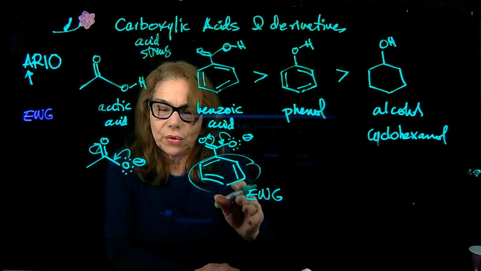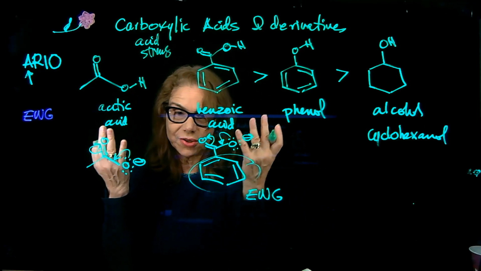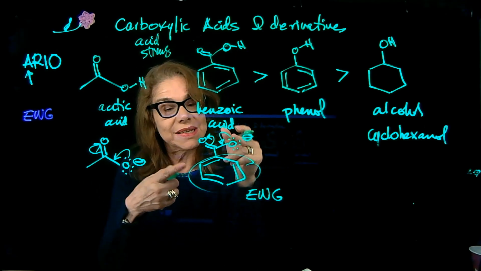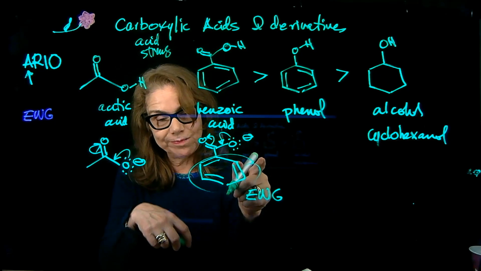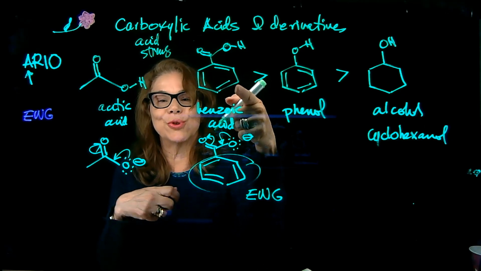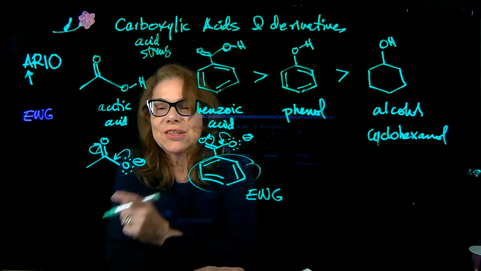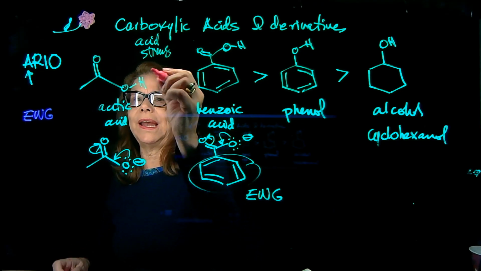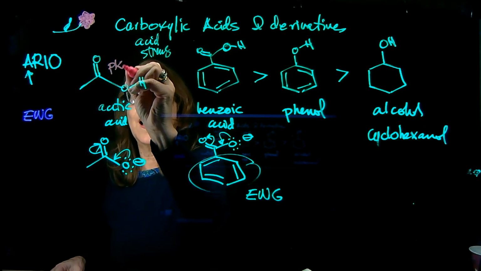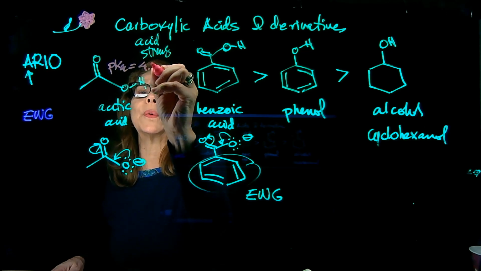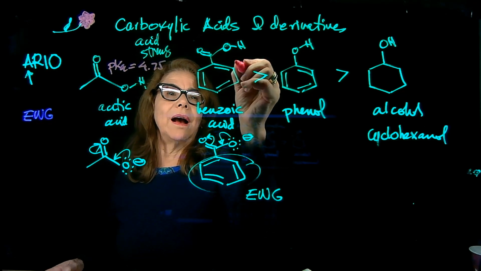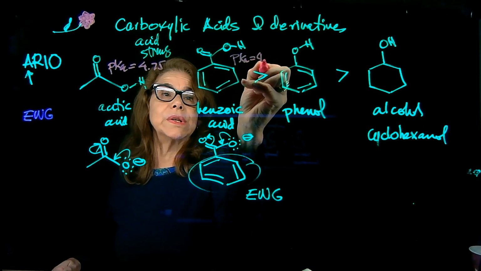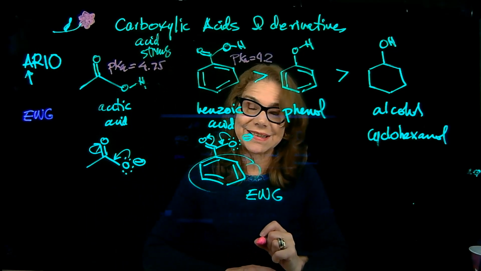But now I have a group that actually is removing electron density at the conjugate base. So that makes this base more stable, weaker base, so stronger acid. And so to illustrate that with the pKa's, the pKa of acetic acid is 4.75. The pKa of benzoic acid is 4.2, slightly more acidic.